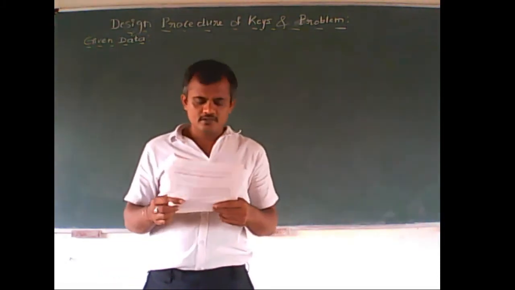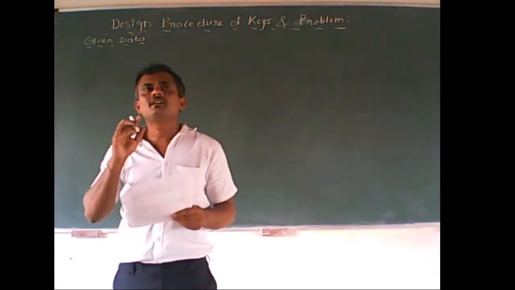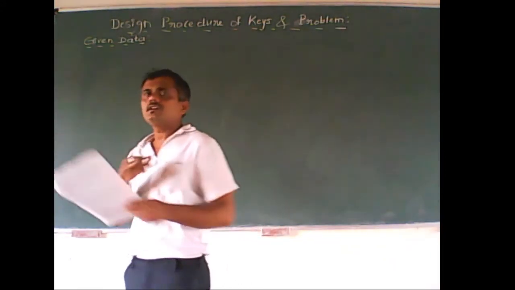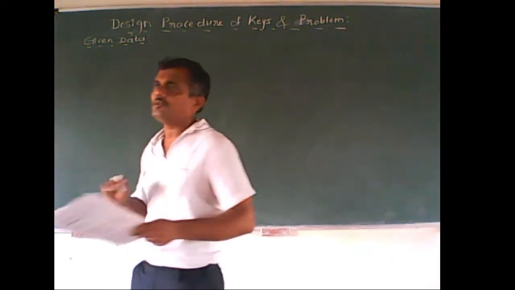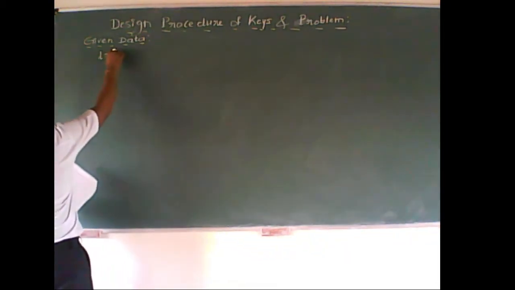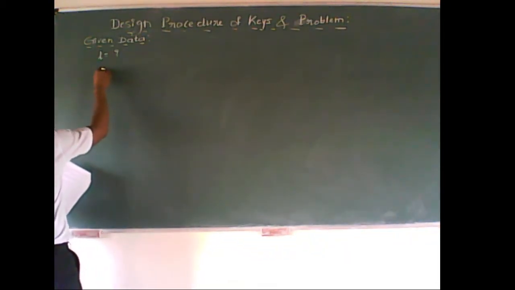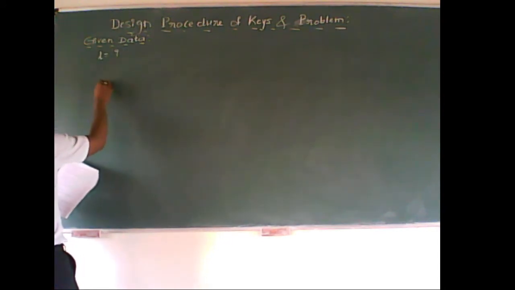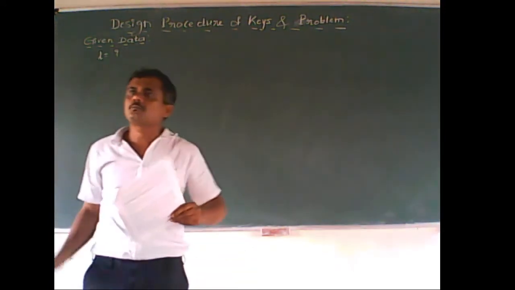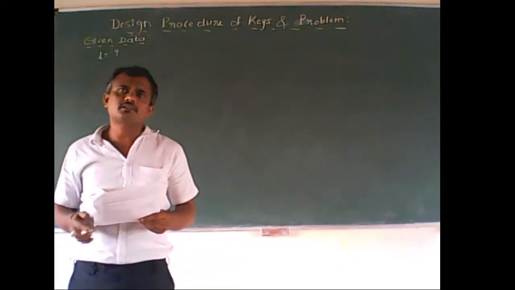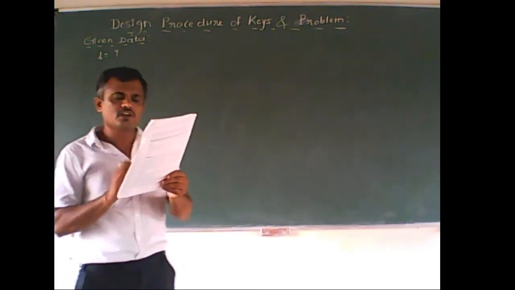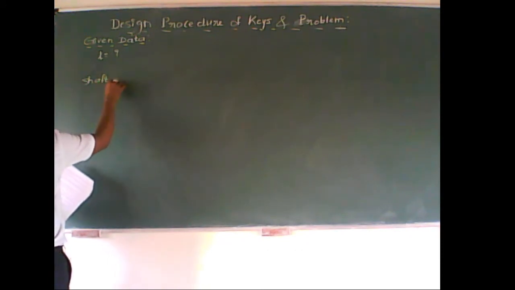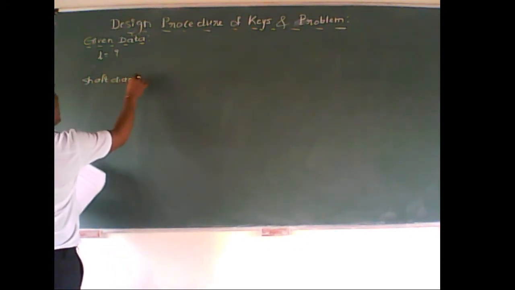So let me write the given data. He says design a rectangular key. In the design of a rectangular key, we have to determine the length, breadth and width. I will write how they are denoted by letters later. The shaft diameter is 50 mm.